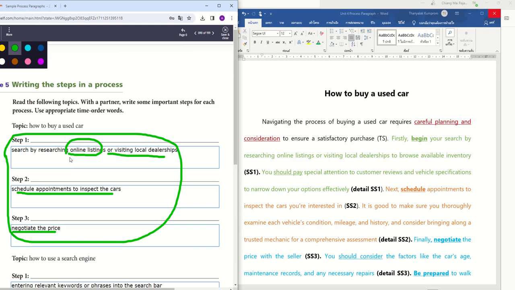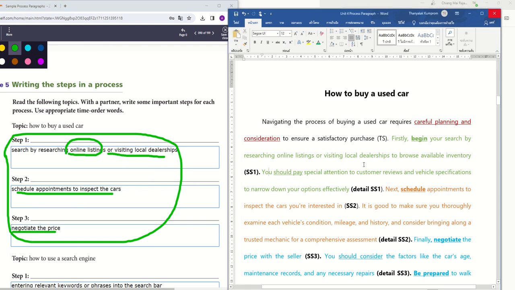Search by researching online listings or visiting local dealerships. See, the one on the left and the one on the right are the same thing that I planned as a mind map. But for the rest of the sentence, I need to make up the sentence to be clear and complete.